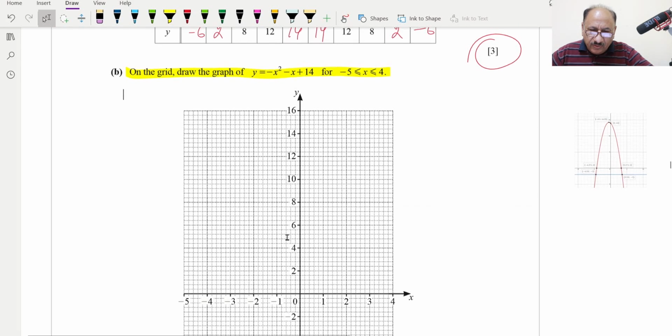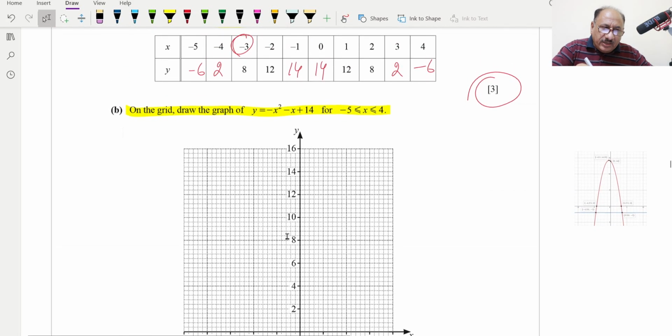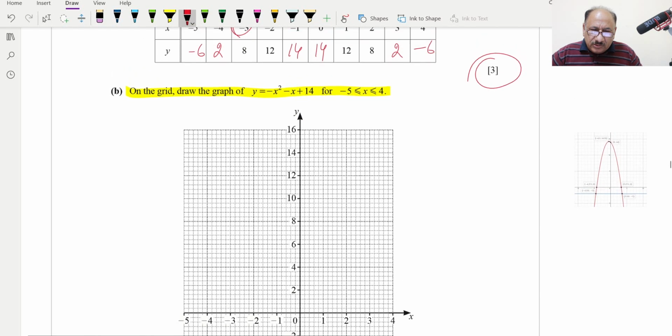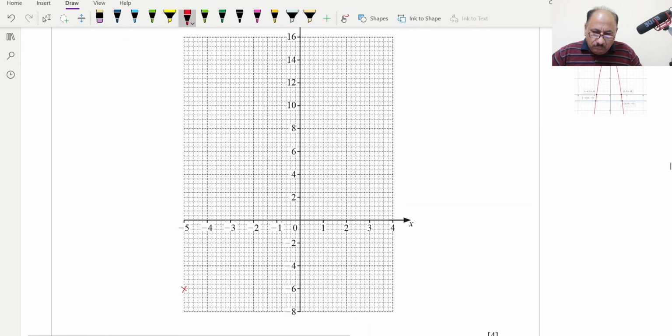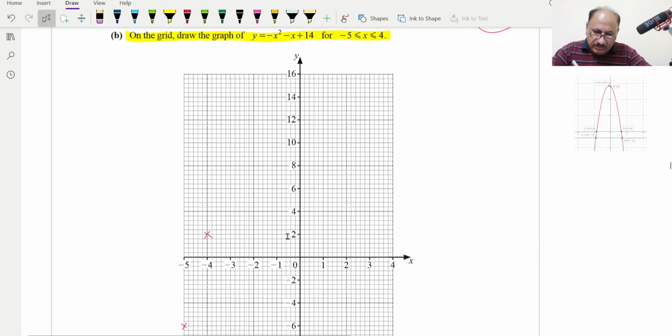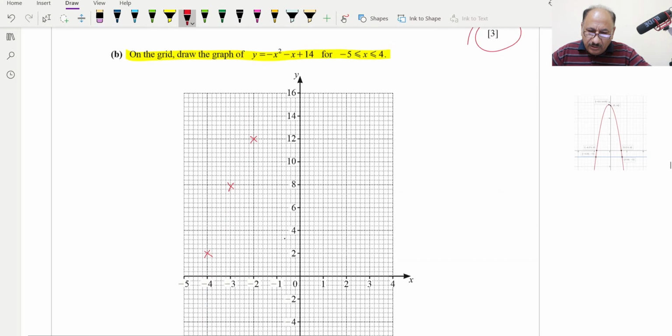They have provided the graph, and we will be using this table of values, and we will be marking the points. -5 and -6 will be this point, and next is what? -4 and 2 will be this point, and next we can move to the third point, which is -3 and 8. -3 and 8 will be this point, and -2 and 12 is over here.